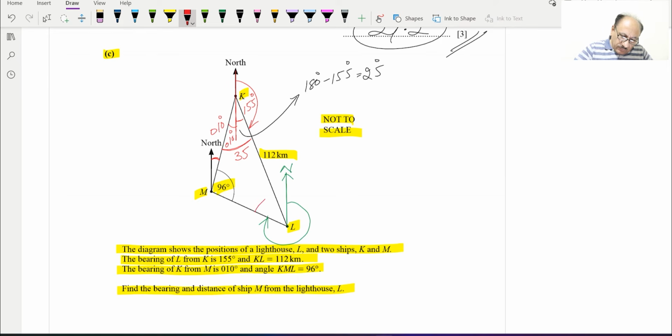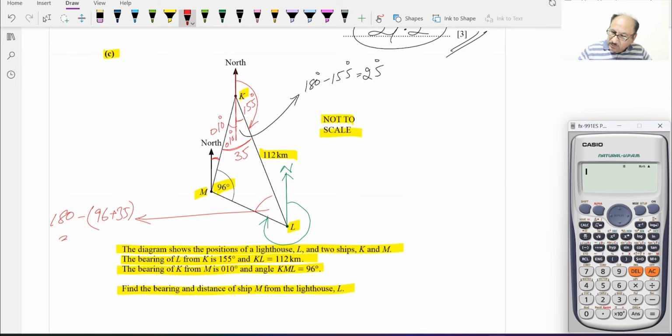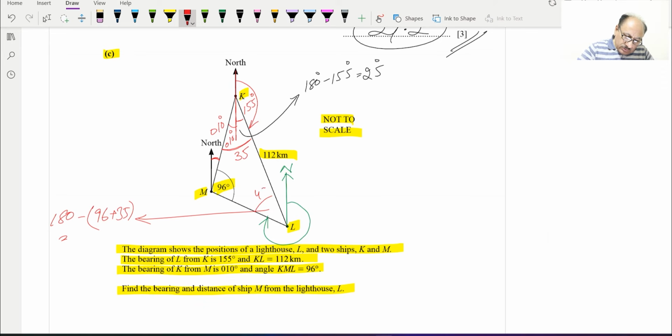So now we can figure out this angle. This will be 180 minus the two angles, which is 96 plus 35, and this will be equal to 49. So this angle given is 49.